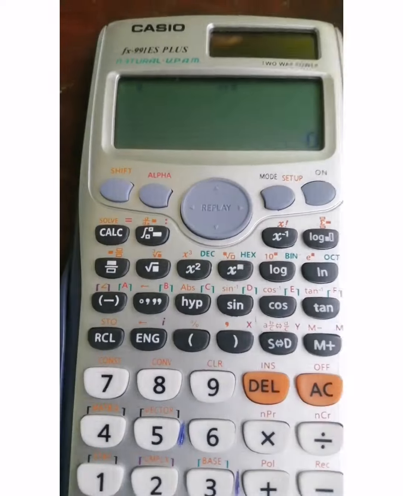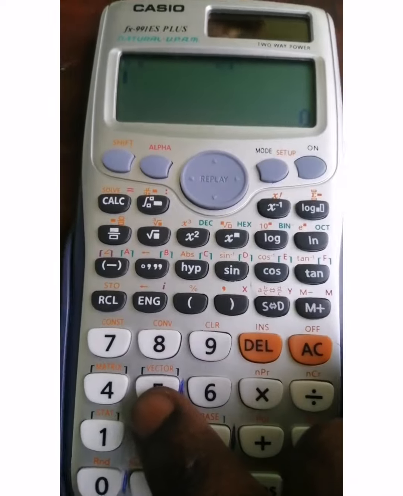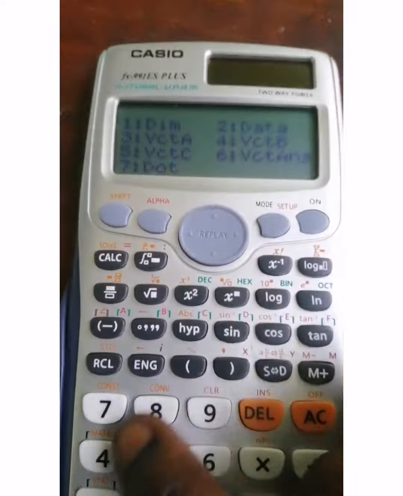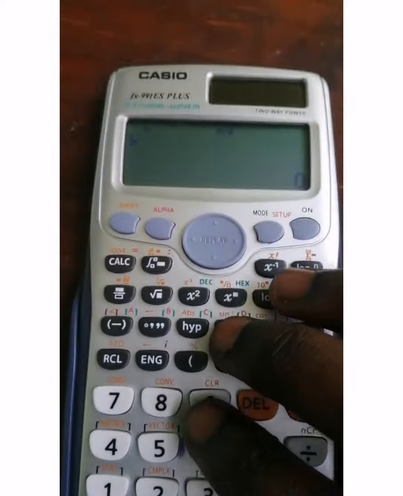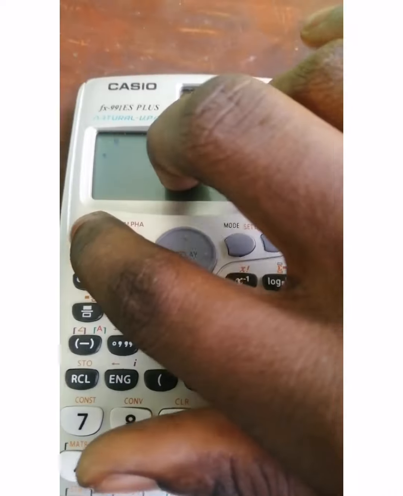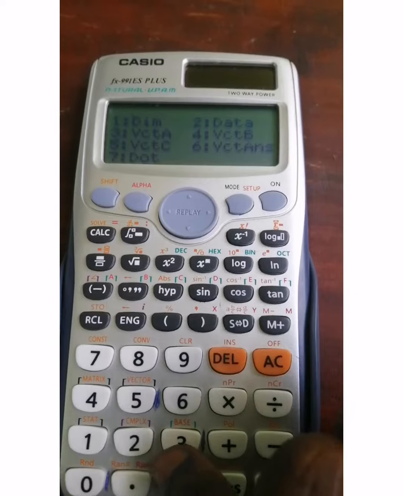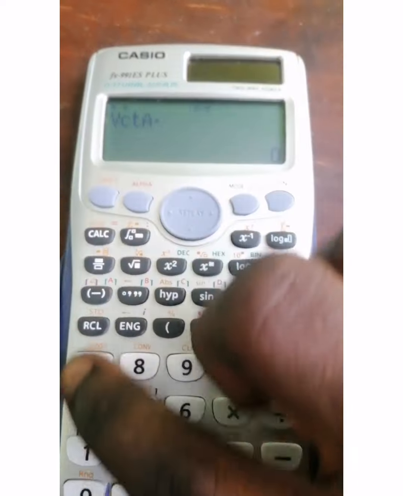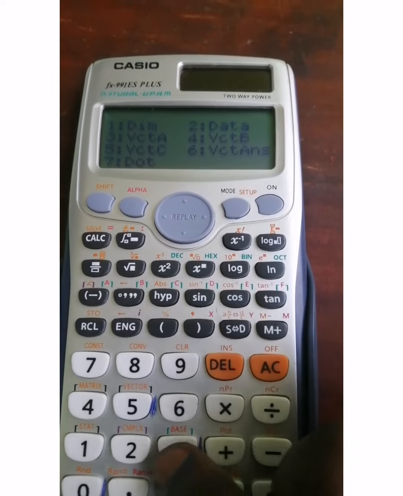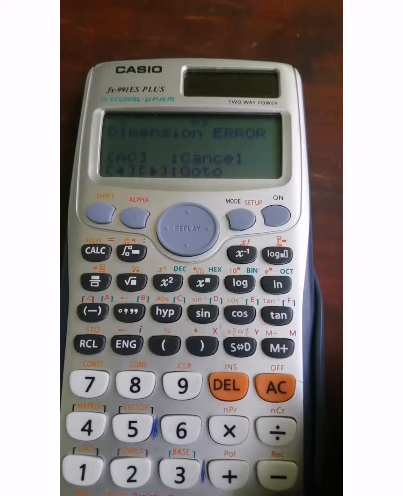Now if I want to find the dot product or any product, then I go to shift plus the vector 8, and I go to number 7, dot product. So for the dot product, I'll press shift plus the vector, and I'll choose 3, dot product of shift plus the vector, and I'll choose 4, and when I press answer, wait, I'm coming.